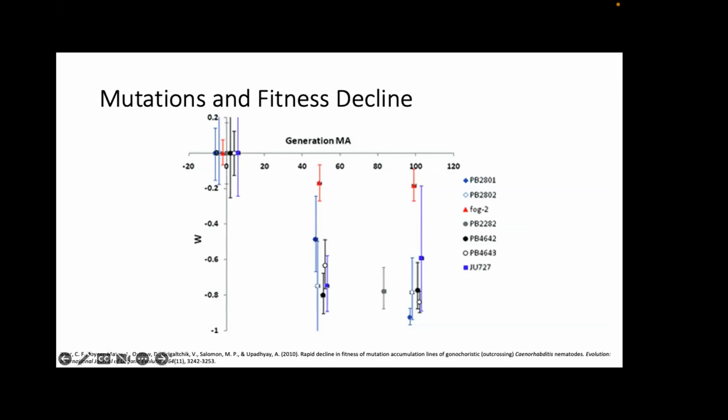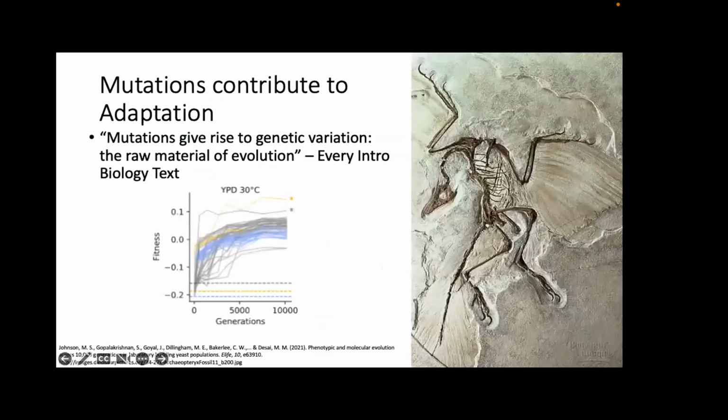There's no way every mutation is bad, because as every single intro biology textbook will tell you, mutations give rise to genetic variation, which is the raw material for evolution. And we know that over time, organisms change. After all, we're not liposomes floating in a primordial ocean here.